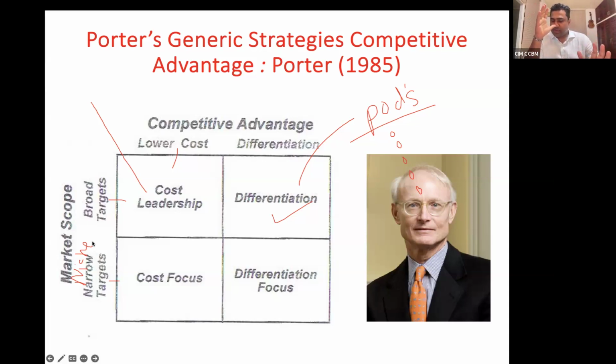So let's say you are selling organic food. You know what organic food is, right? Organic fruits, organic vegetables. If you go somewhere to buy organic vegetables, that means no chemicals. Only organic fertilizer, no chemicals, no pesticides, 100% good for your health, organic.